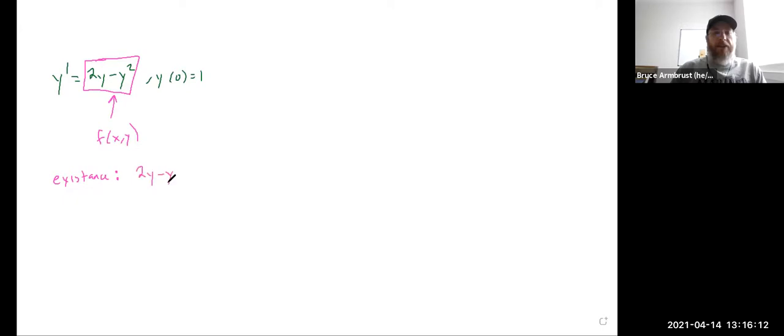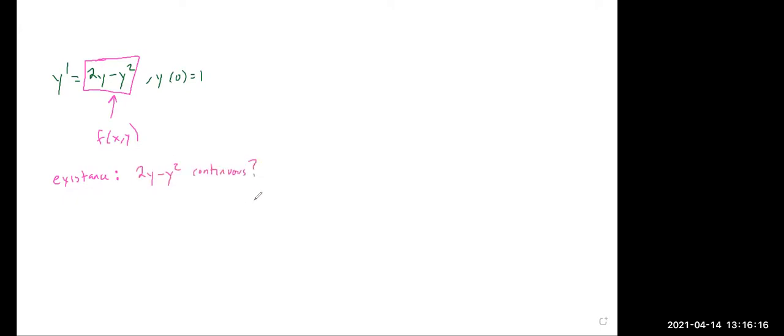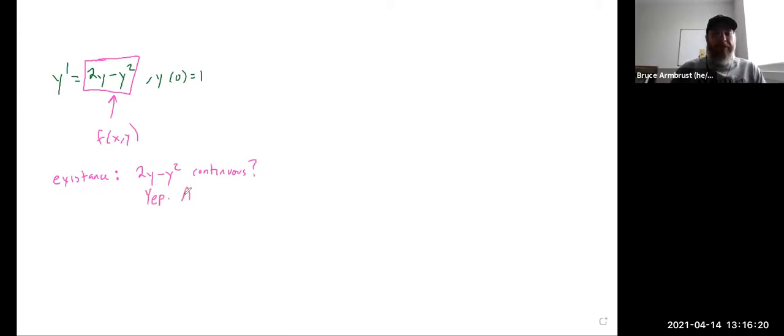Is this thing continuous? Yes, it's continuous. That's an easy one. So no matter what initial condition you give me, there's never going to be a problem with there being a solution. So there will be a solution to this initial value problem.